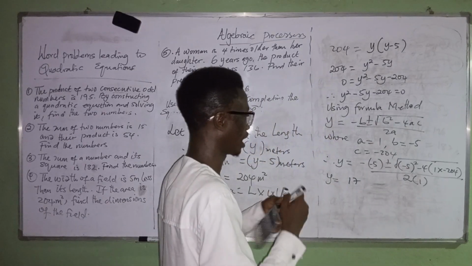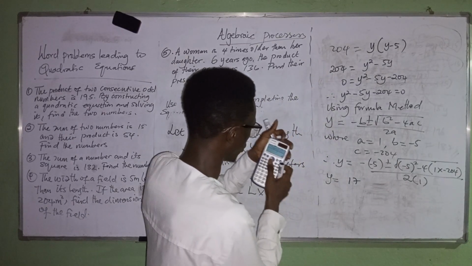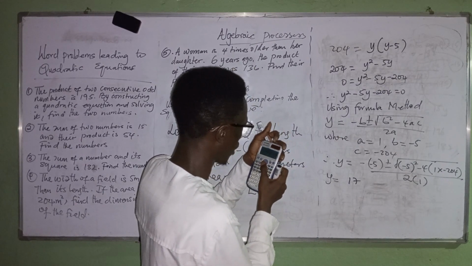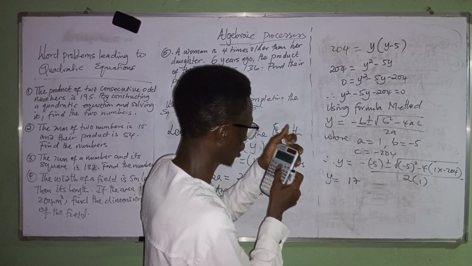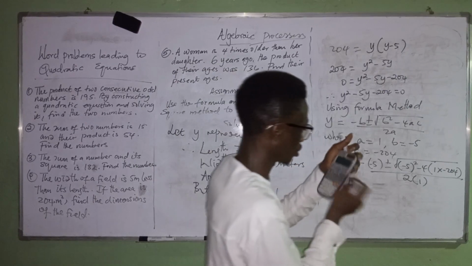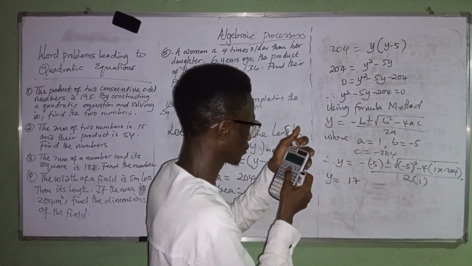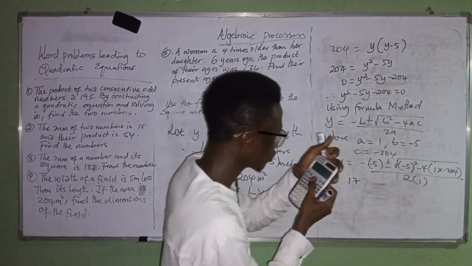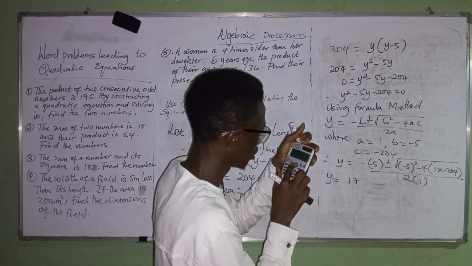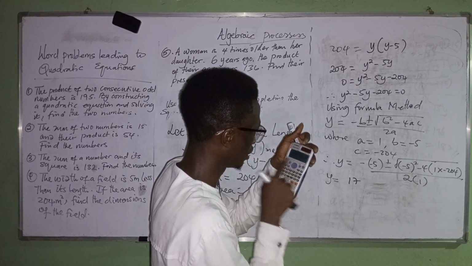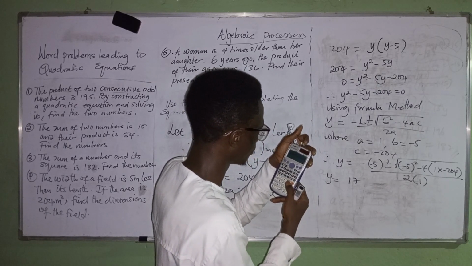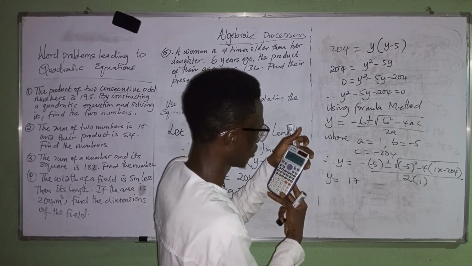Now I want to go with the next one. So all I have to do, I'll just come backward. So where am I? Instead of positive now, I'll delete this and write minus.